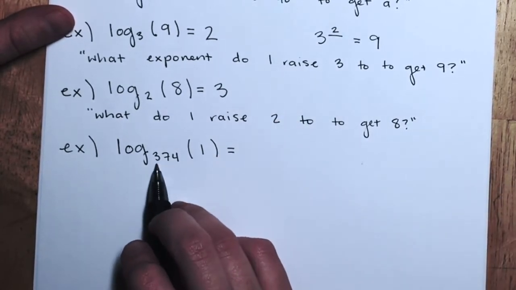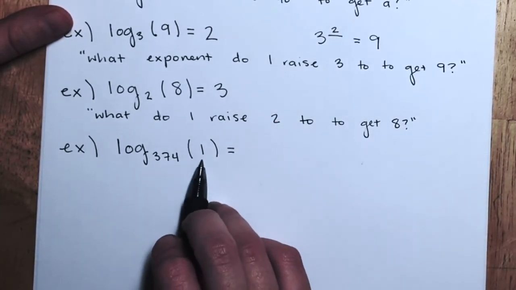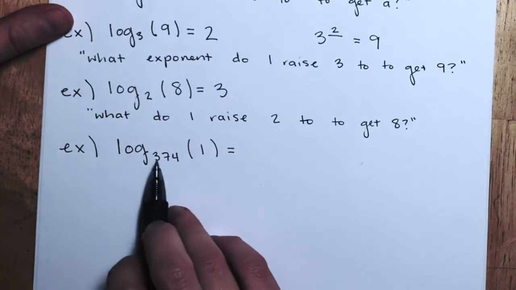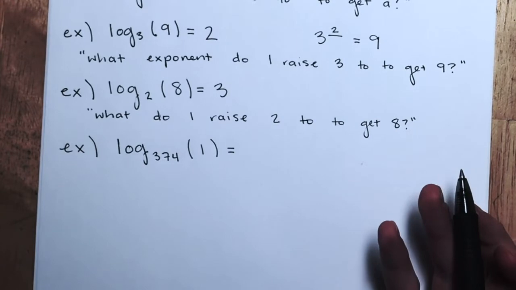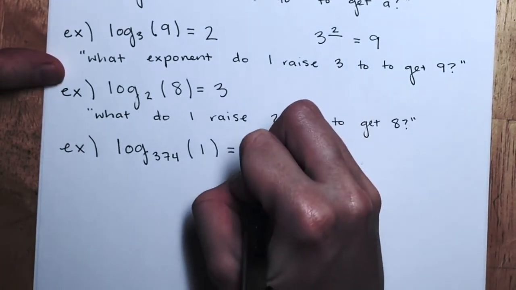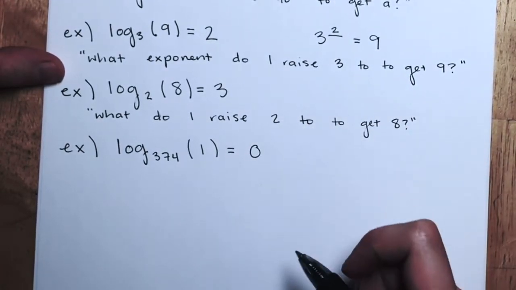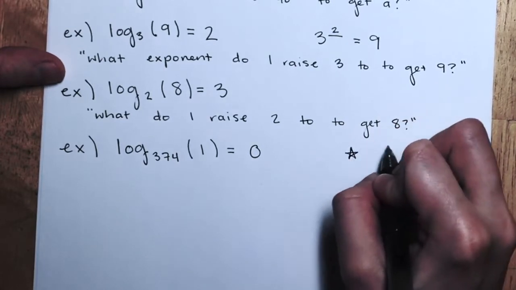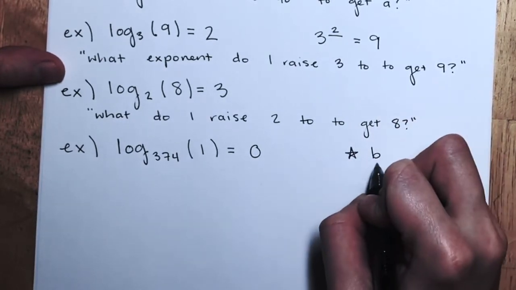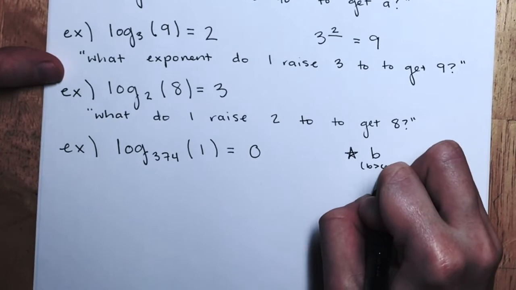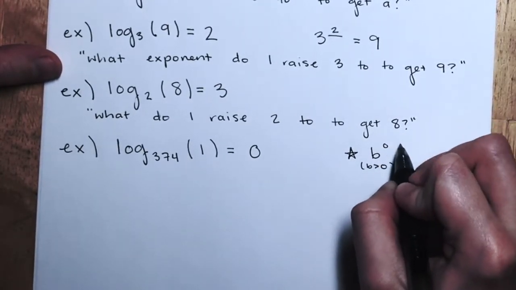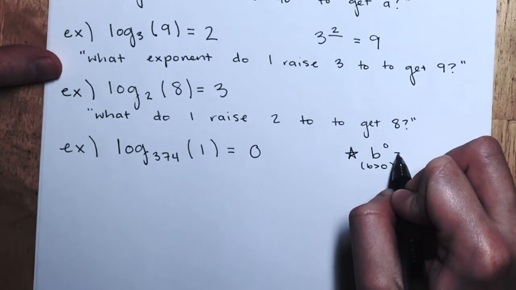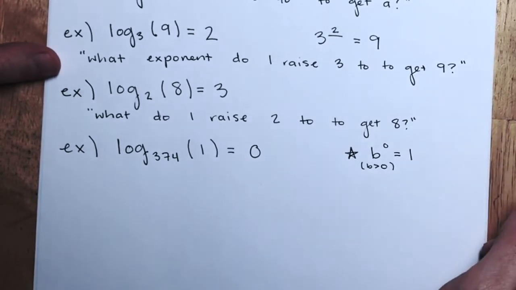What can I raise 374 to get 1? What can I raise anything to get 1? Well, the answer is 0. Remember, that's one of our facts that for any real number greater than 0, if we raise b to the 0, we get 1. That's one of our facts.